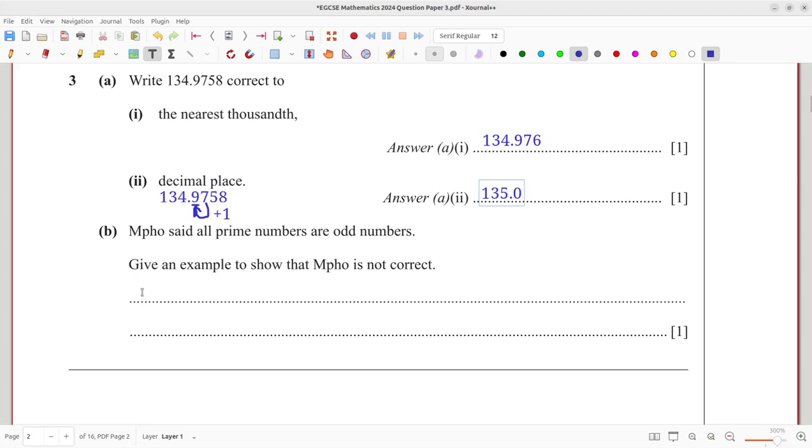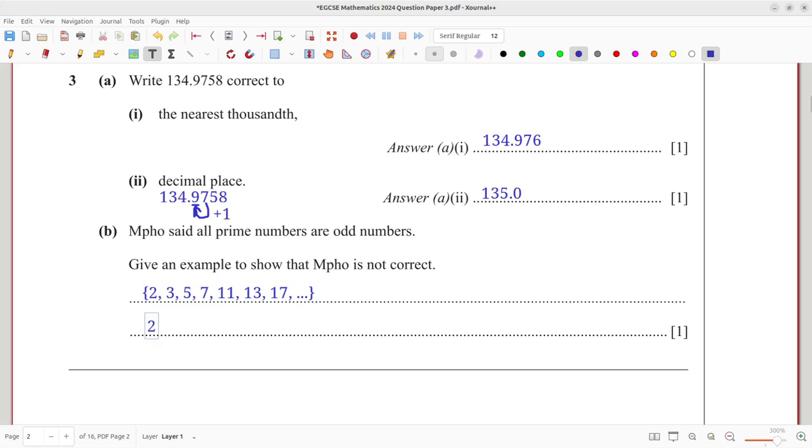So let's list the set of prime numbers here. We have 2, 3, 5, 7, 11, 13, 17, and so forth. Amongst these numbers, almost all of them, when you divide by 2, will leave you a remainder of 1, except for 2.